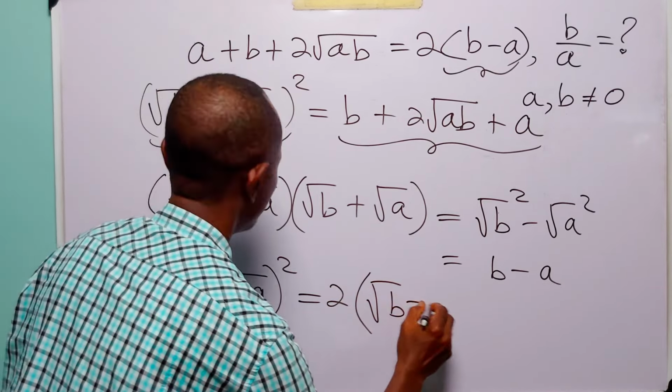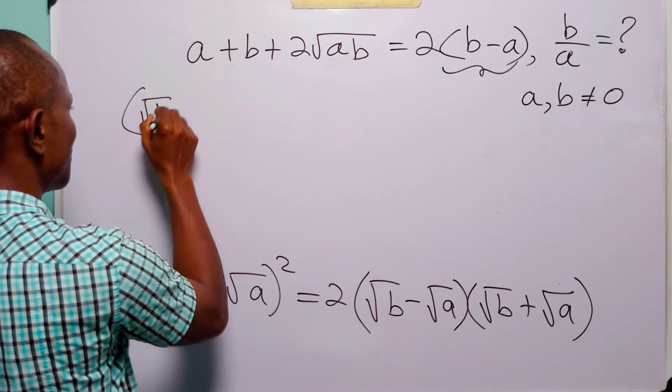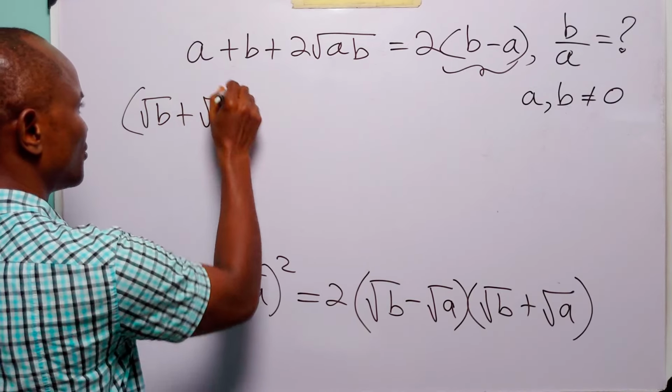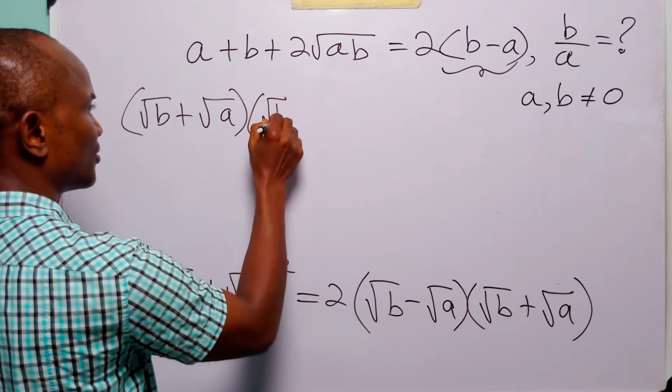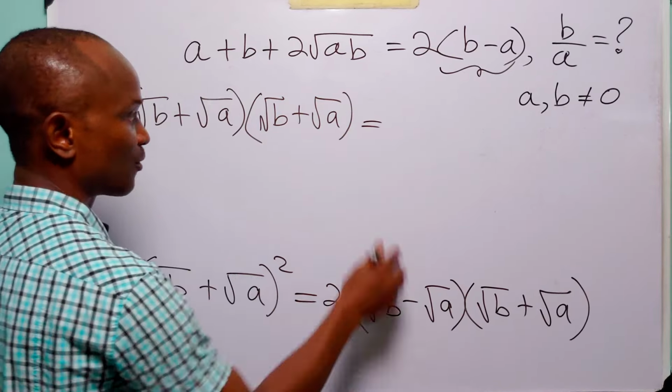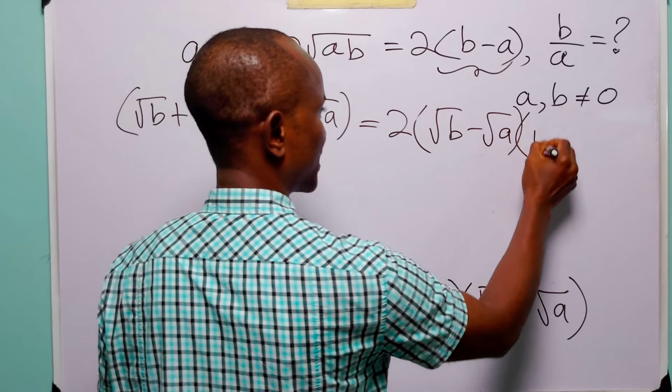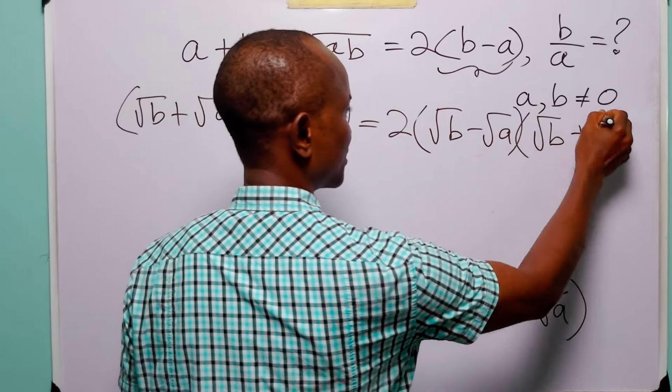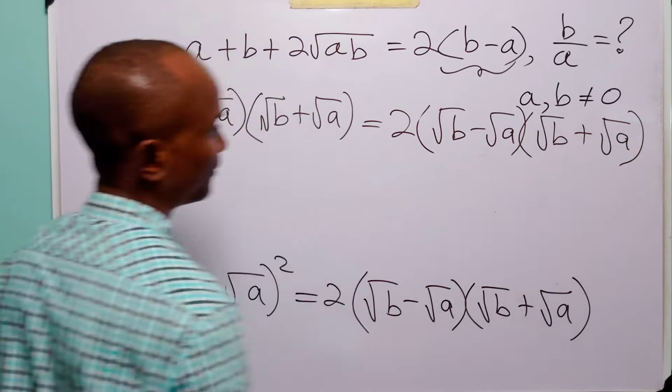And of course, you know that this can be written as root b plus root a multiplied by root b plus root a. And this is equal to 2 times root b minus root a multiplied by root b plus root a. Now, I am sure that you know that we can divide through both sides of this equation by the common factor, which is root b plus root a.